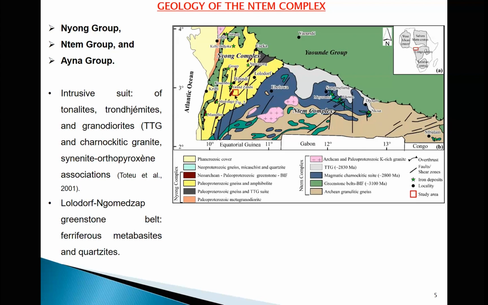We also have some relics of greenstone belt that can be found in the Lolodorf and Ngomezap area, where we are currently working, somewhere around there, and Lolodorf is there. Similar relics of greenstone belts occur in those areas.